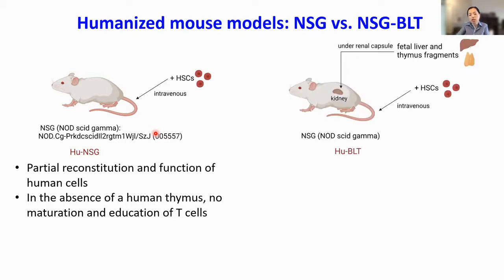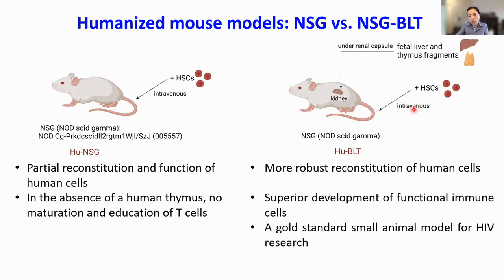To address this issue, the humanized BLT, or bone marrow liver thymus model, was developed, whereby pieces of fetal thymus and liver are implanted under the kidney capsule of the NSG mice. Human stem cells are also injected in these mice.